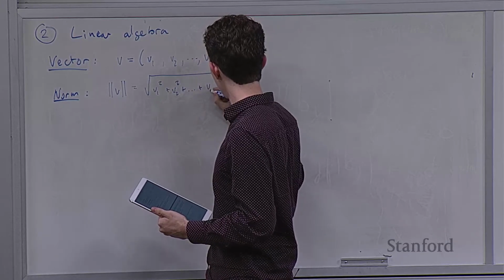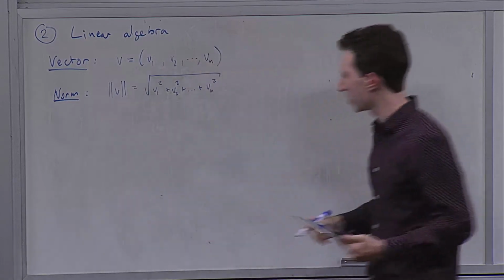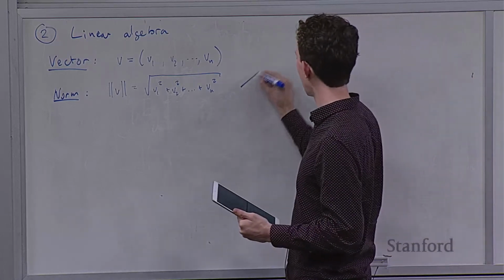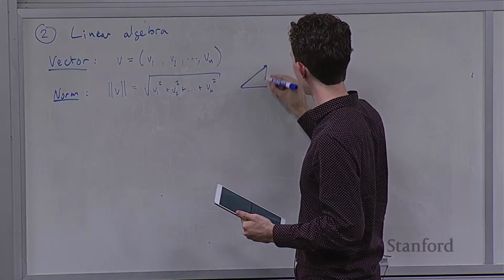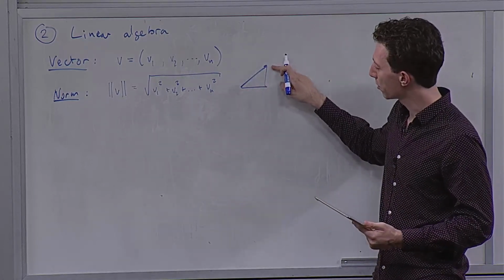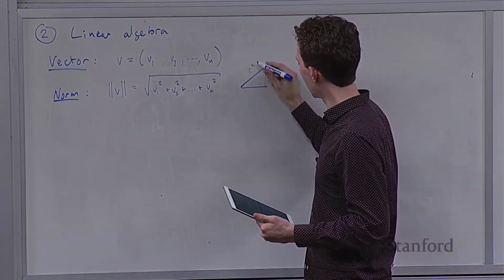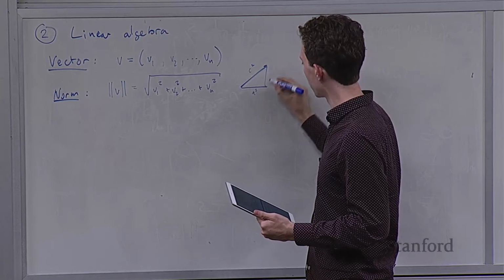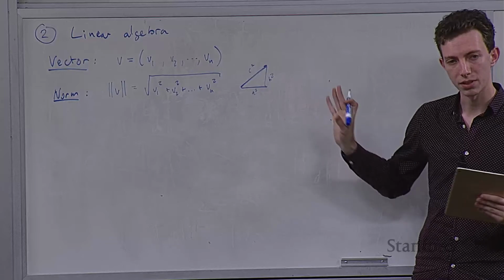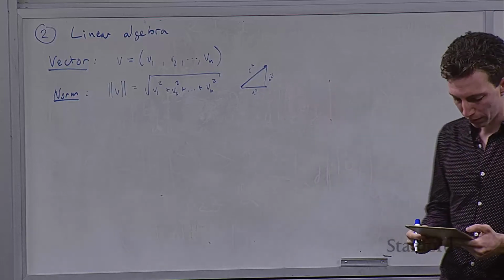In 2 dimensions, you might have seen this as the Pythagorean theorem. If we have a vector there, and we write it out as this much in this direction plus this much in this direction, we have that c squared equals a squared plus b squared. So c is the square root of a squared plus b squared. It's the same idea.